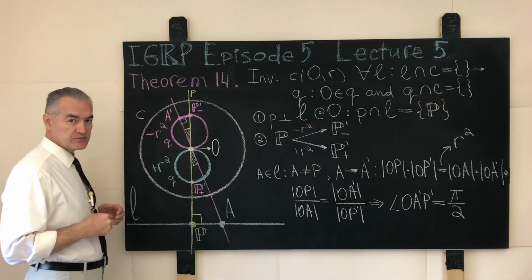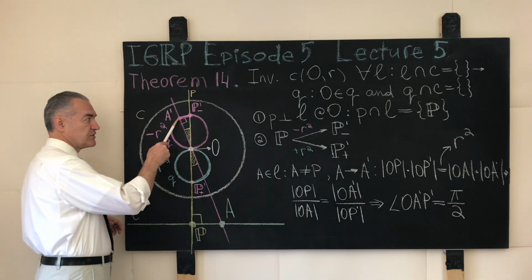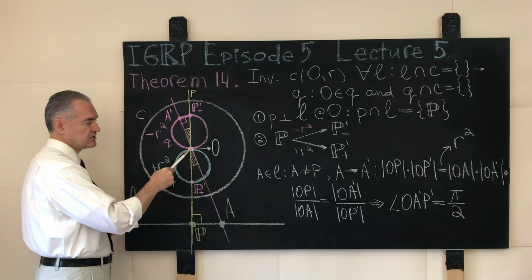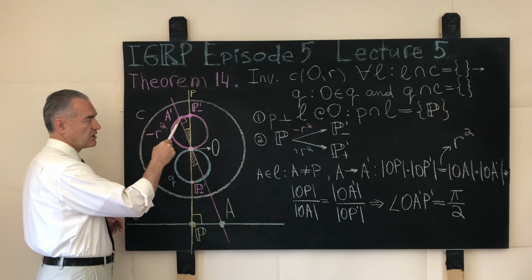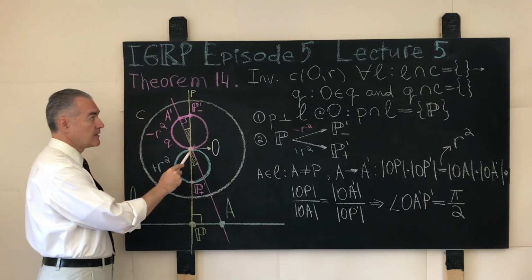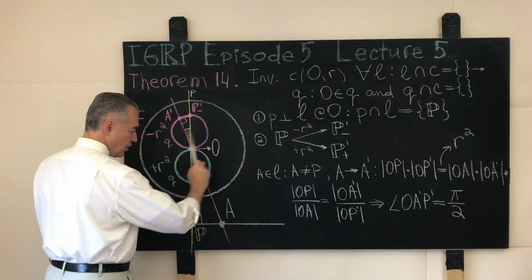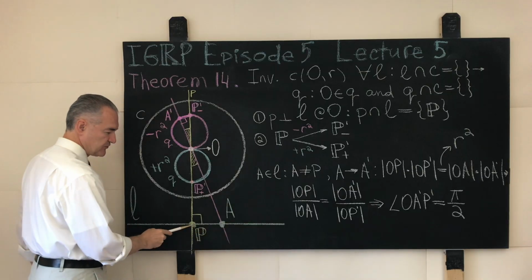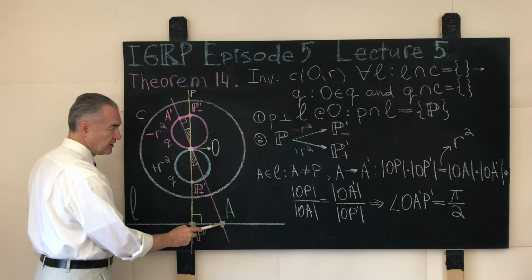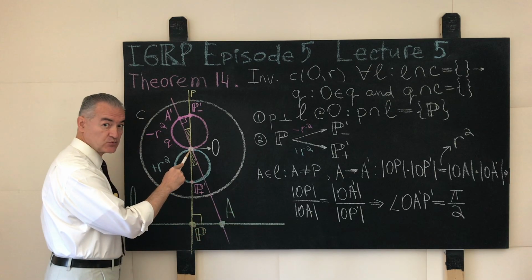And what is that possible orbit? Well, according to Thales' theorem, the circumference angle in the semicircle is always right. So since the angle OA prime P prime minus is right, the point O is fixed, the point P prime minus is fixed, because all the other material over here is fixed except for the runner point, if you will, the runner point A. So the point O, the center of inversion, stays where it is.